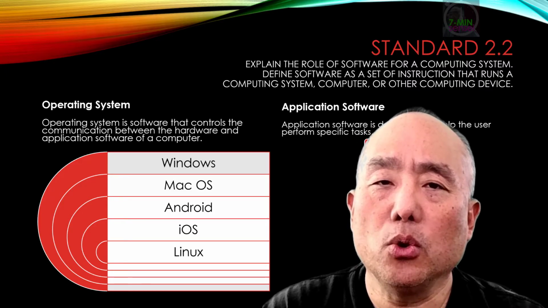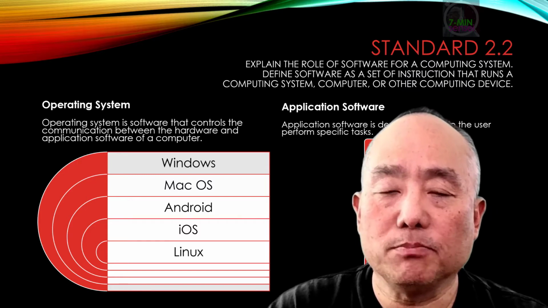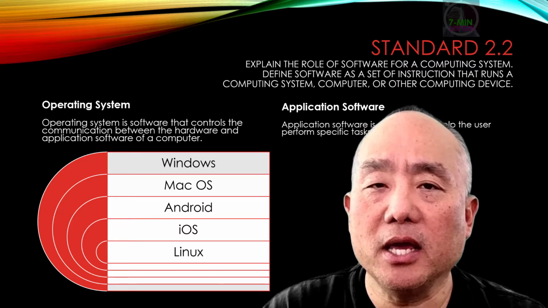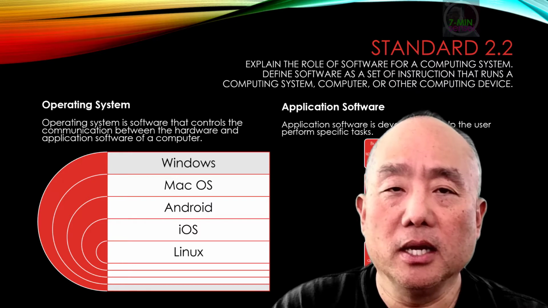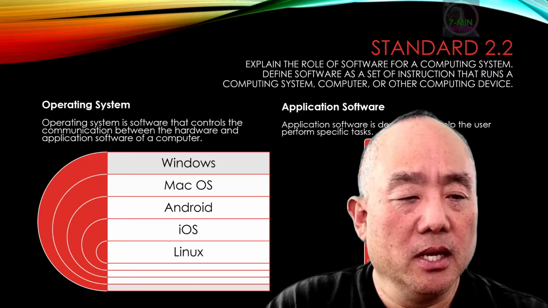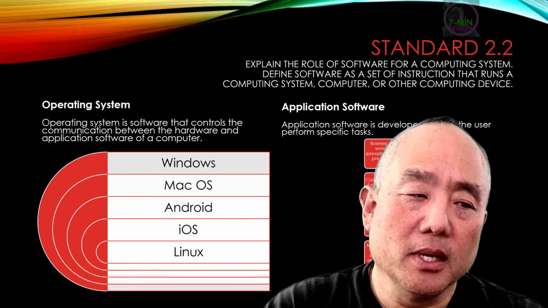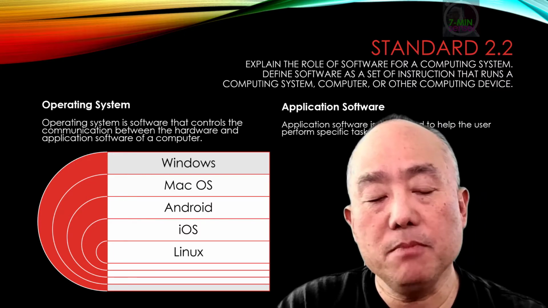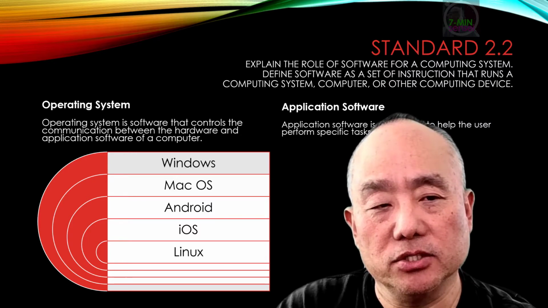For example, Windows by Microsoft, Mac OS by Apple, Android by Google, and iOS, and Linux, a Unix operating derivative. We'll also learn about application software, such as business software, communication software, entertainment software, multimedia software, and education software.